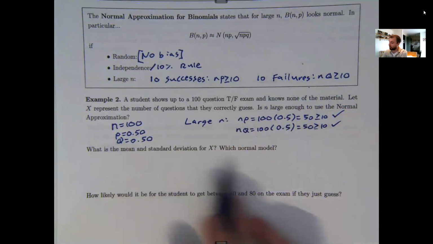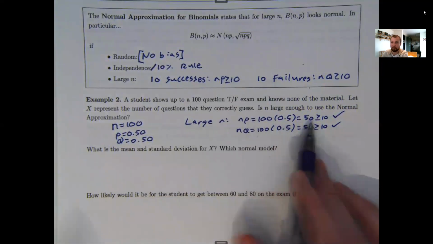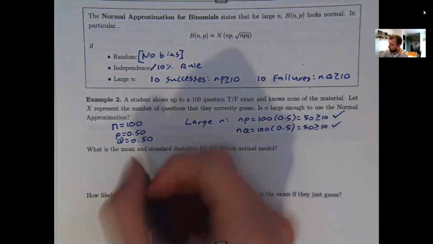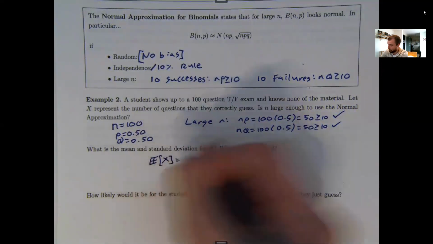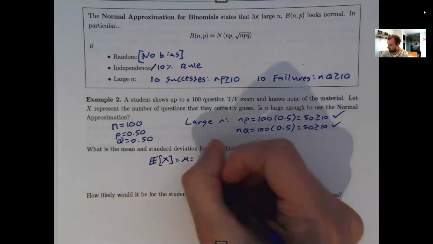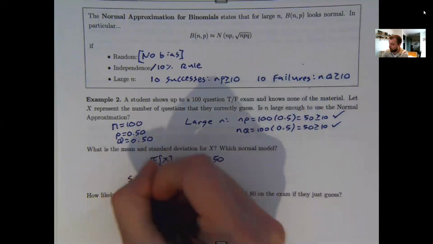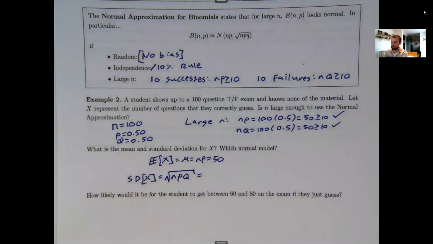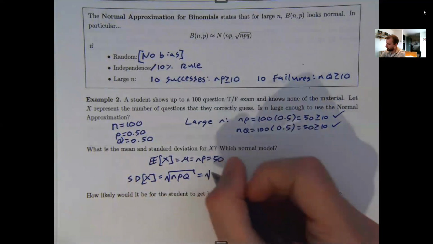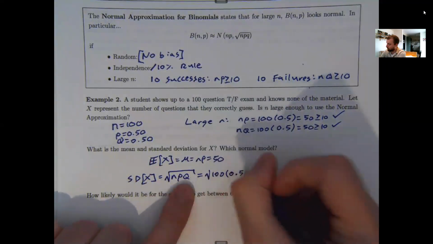What is the mean and standard deviation? Well, I expect to get 50 right, but actually sometimes I'll get less than 50 and sometimes I'll get more than 50. So my average, or my mean, is N times P, this 50 number, but my standard deviation for how much that's going to vary is the square root of N times P times Q. In this case, I have the square root of N, 100, times P, 0.5, times Q, also 0.5.